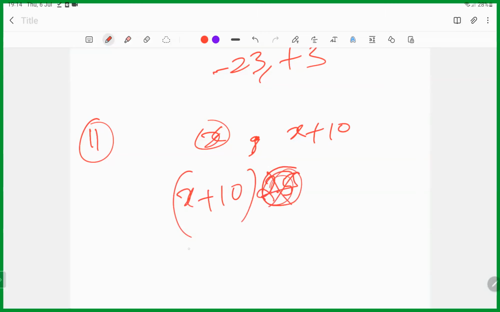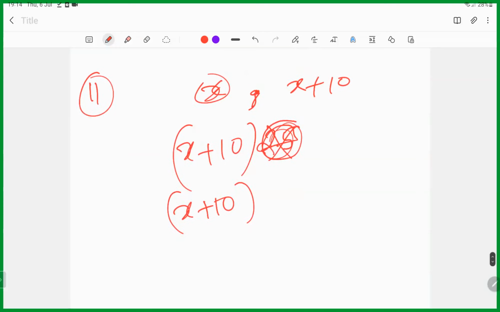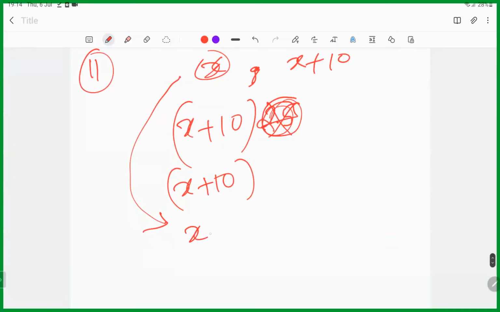Distance is 150 kilometers. If it is speed x, then time equal to distance by velocity, 150 by x.